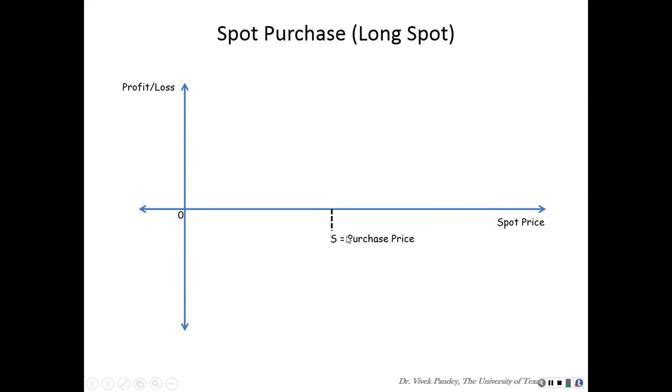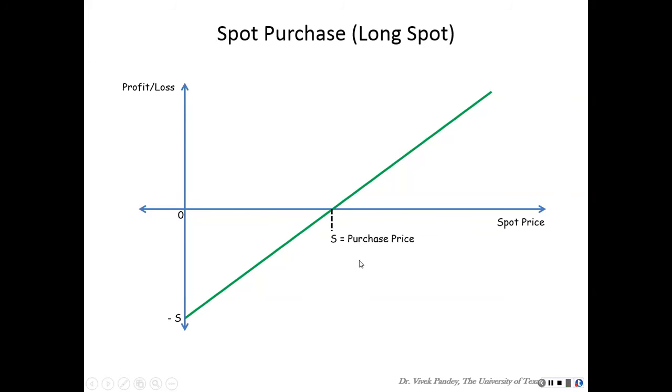Suppose you buy it at this price we call S, and that's the spot price. And then as the price of that stock goes up, you'll make money, right? And if it falls, you lose money.